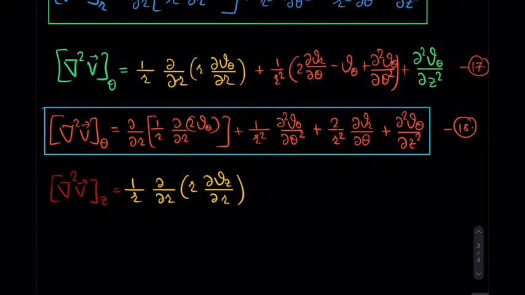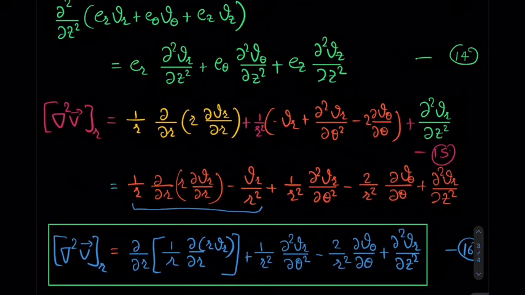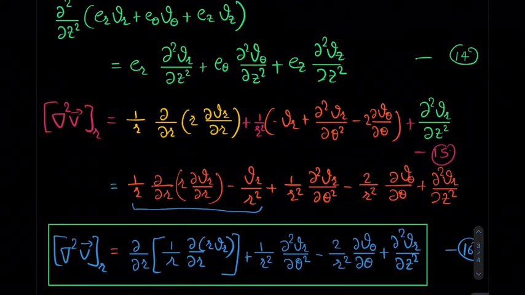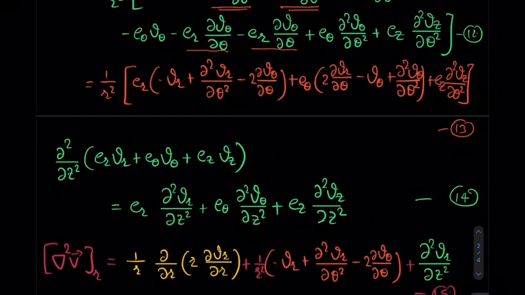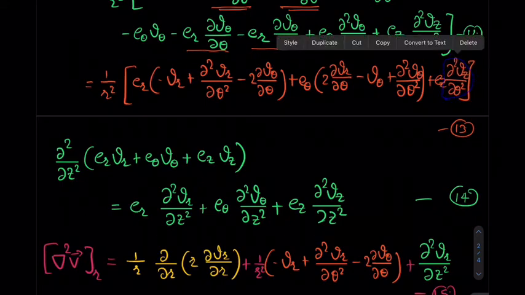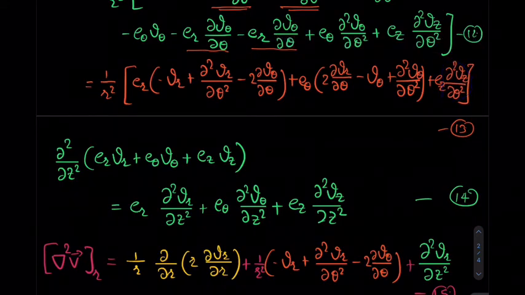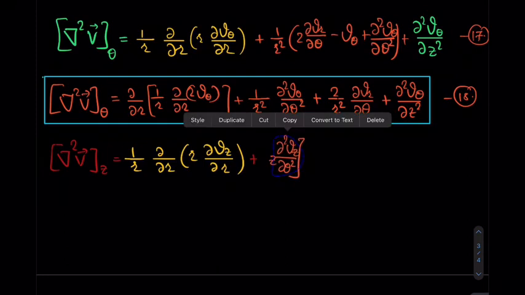Then we have the second from equation 13, this last term, which is the second derivative of Vz with respect to theta.